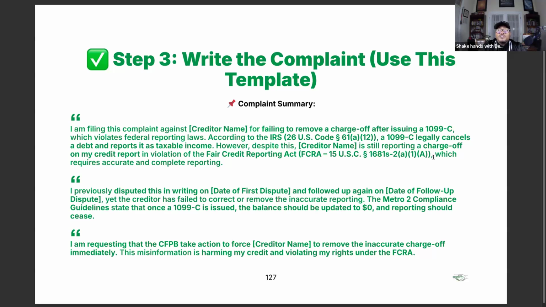You're going to cite the laws here. You previously disputed in writing on X date and they still didn't do it. You followed up and they still didn't do it. That's basically what you're doing here. I actually gave you the complaint summary. You can always rewrite it by putting it into something like ChatGPT and asking it to rewrite it, but I just gave it to you here.